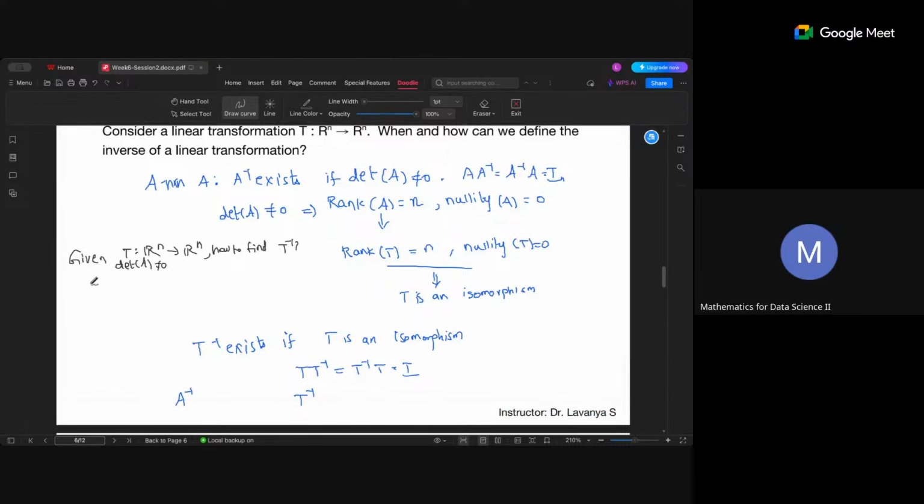Let's say that A is the matrix of T with respect to the standard basis for both domain and codomain.